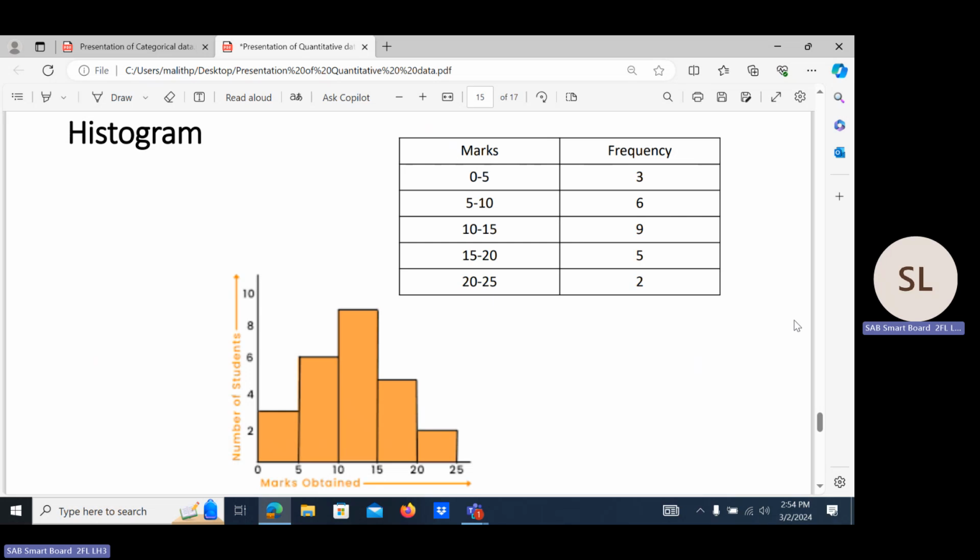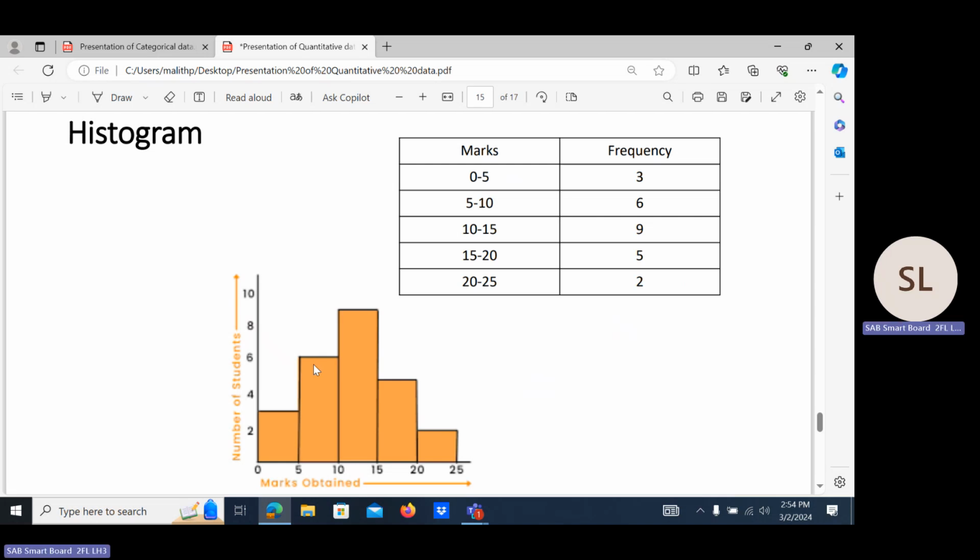We can use the histogram. The histogram is the graphical representation of the frequency distribution. Now you know how to develop the group frequency distribution, and this is the way we can represent it visually.